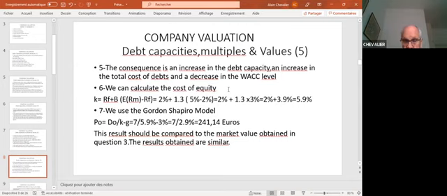We found yesterday also in the Gordon Shapiro formula, it is equal to the risk-free rate, government bonds, 10 years, plus beta multiplied by the expected return of the market minus the risk-free rate.